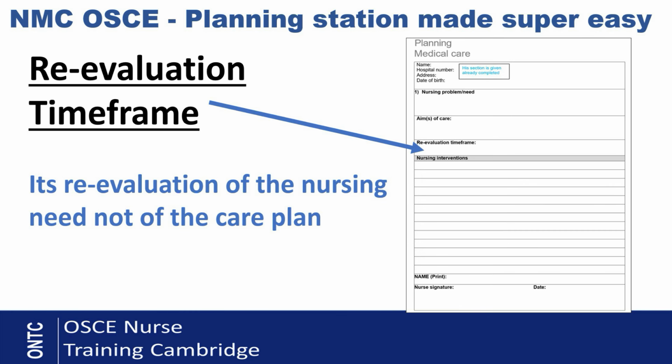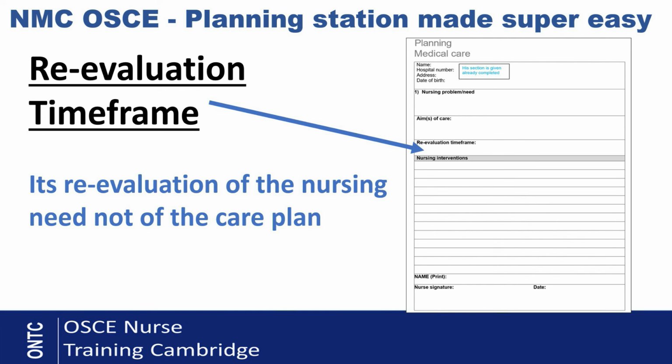Next is coming to the re-evaluation time frame. So there is a lot of confusion about this section of the care plan. Lots of nurses ask me, what should I be writing in that? Okay, so the marking criteria is very clear about this particular part. It says about re-evaluation of the nursing problem.